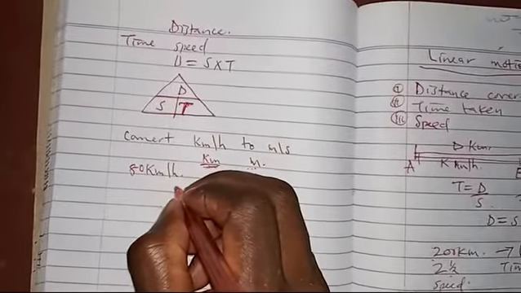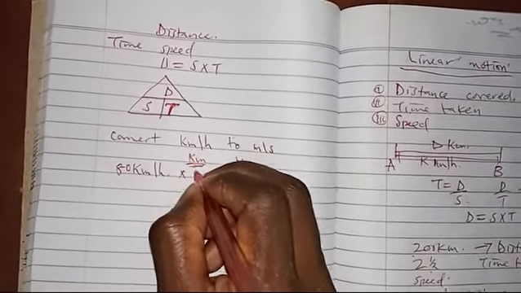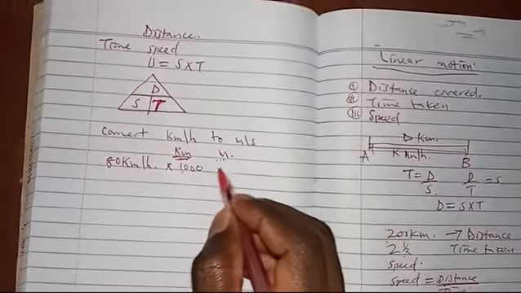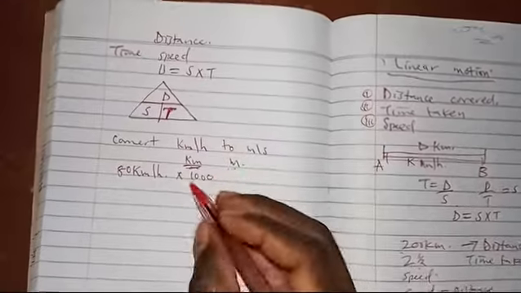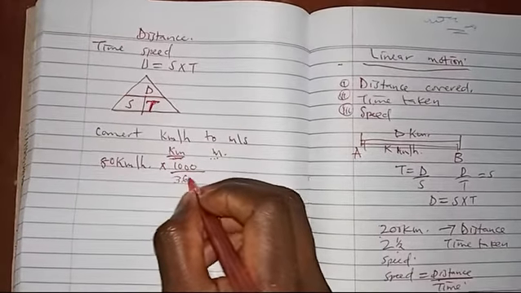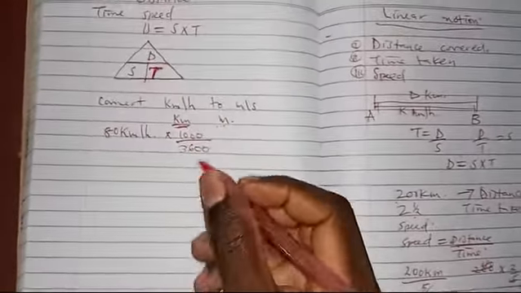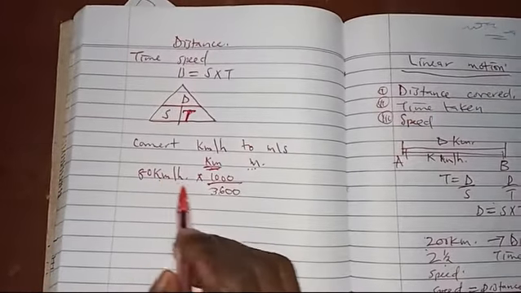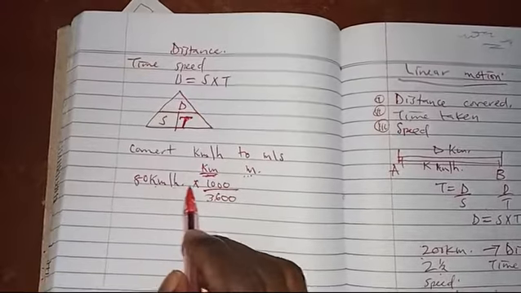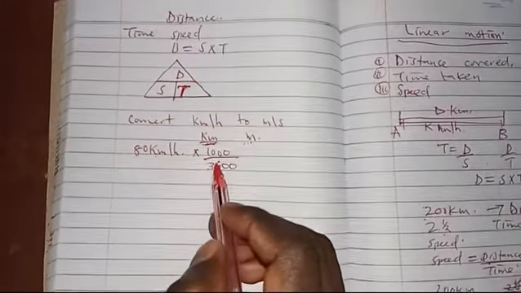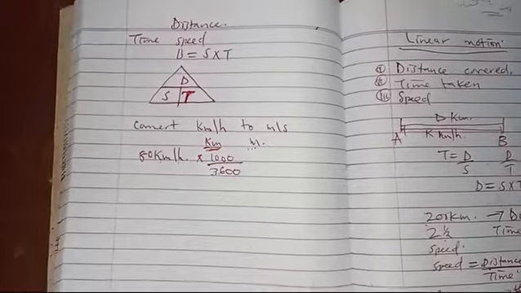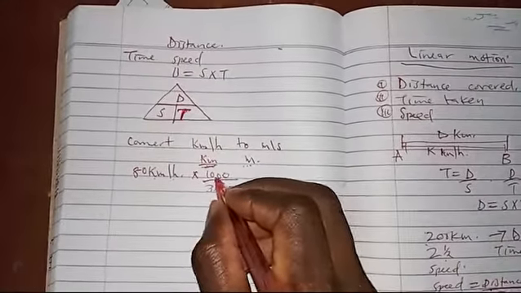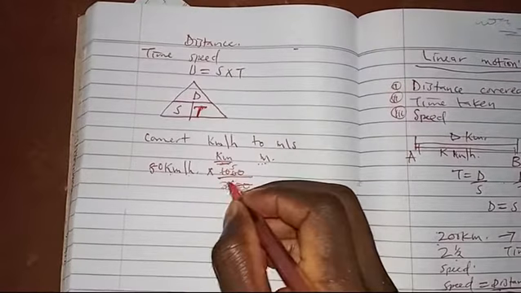It means you will multiply by 1,000. Remember, it's 1,000 meters which makes 1 kilometer, and 3600 seconds which makes 1 hour. So if you are converting from kilometers per hour to meters per second, you multiply by 1,000 over 3600. What you get is just 5/18.